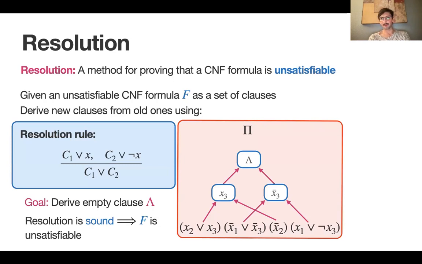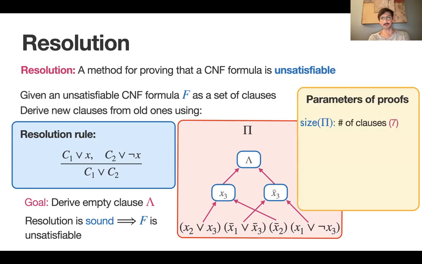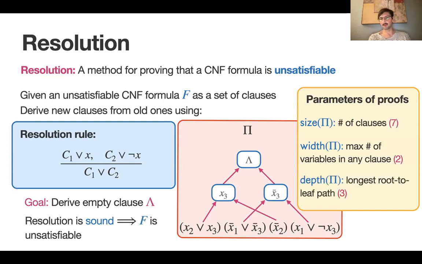The complexity parameters of resolution that we're going to care about are, first of all, size, just the total number of clauses in our proof, or the number of lines. In this case, it's 7. Width, which is the maximum number of variables in any clause. You can see some of the initial clauses have 2 variables, they're width 2. And then finally, depth, which is the parameter we're going to be most interested in, which is the longest root to leaf path in the proof.